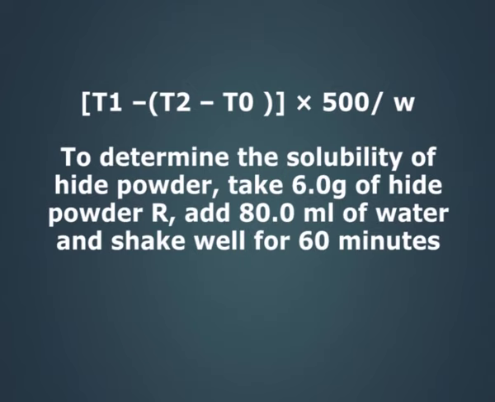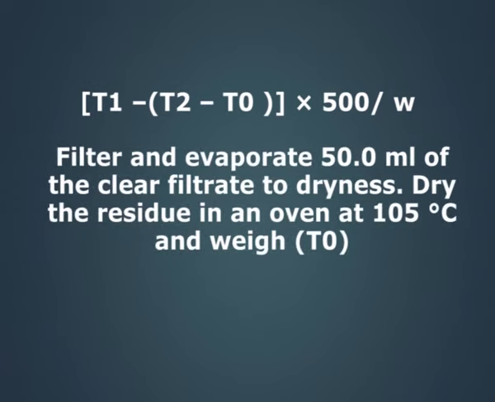To determine the solubility of hide powder, take 6 gram of hide powder R, add 80 ml of water and shake well for 60 minutes. Filter and evaporate 50 ml of the clear filtrate to dryness. Dry the residue in an oven at 105 degrees centigrade and weigh.